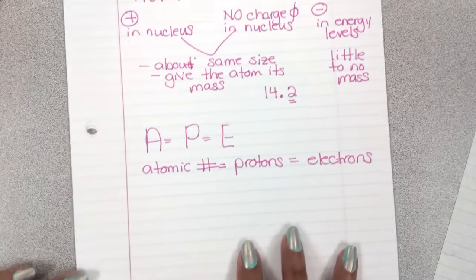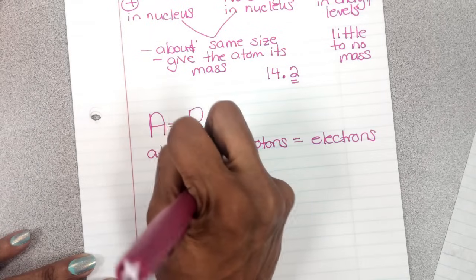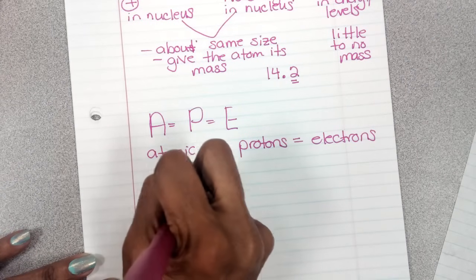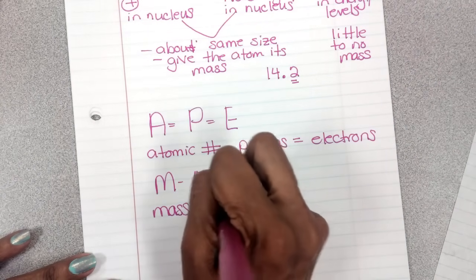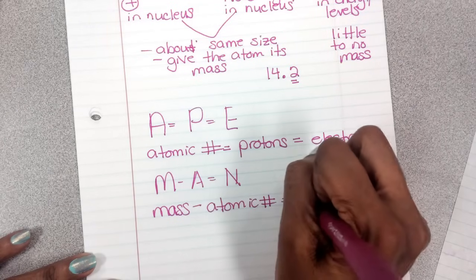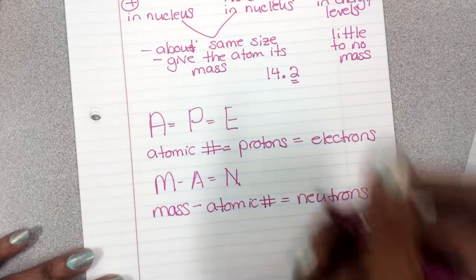And then the other acronym we learned was MAN. So your mass, which is the decimal number, which we'll round up or down, minus your atomic number, gives you your number of neutrons.